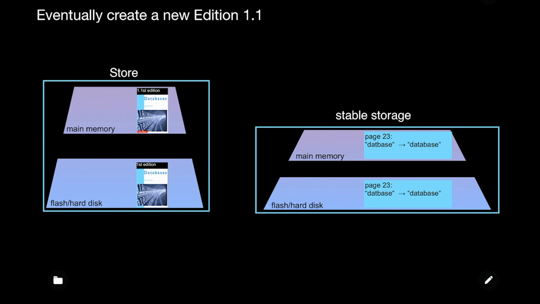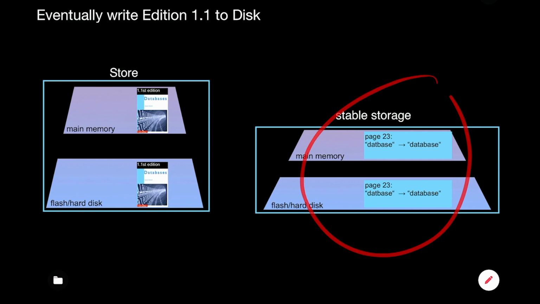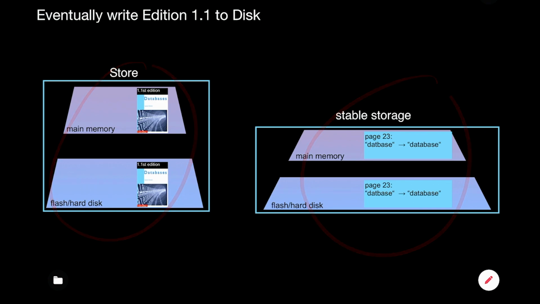Only eventually will the new edition also be written down to the database store. So there are basically four places through which it trickles in that hierarchy: first on the right, main memory and flash disk for the log, and then main memory and hard disk in the store. And that is the order you have to maintain at all costs.